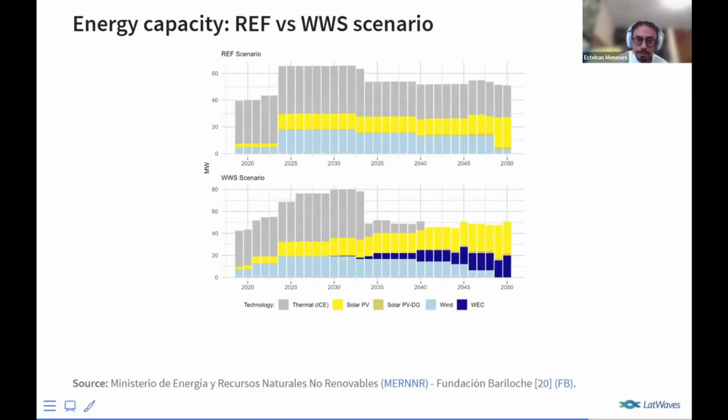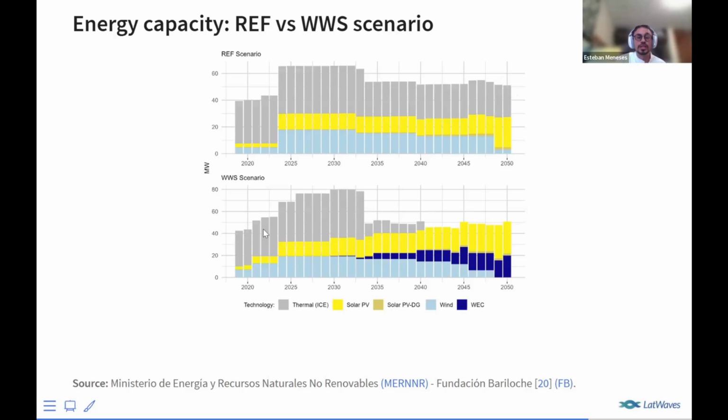In terms of energy capacity, between the referential scenario and the scenario with WEC, we can see that at the end, in 2050, half of the capacity comes from the thermal power plants, and the other half comes from solar and wind energy, but mostly solar.